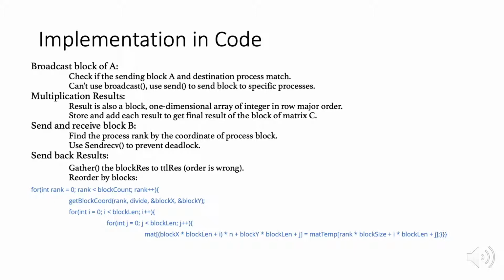In sending back results, we use gather to get the block results into the total result, but the order will be wrong. There is a formula to reorder the total result by blocks.